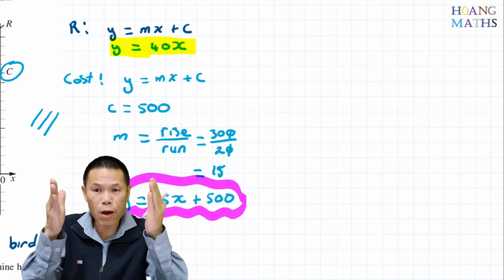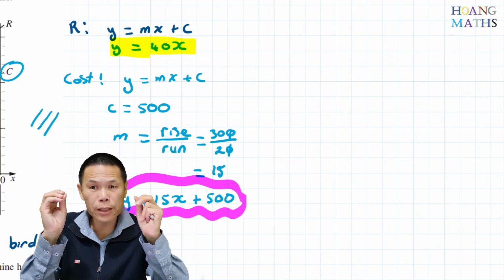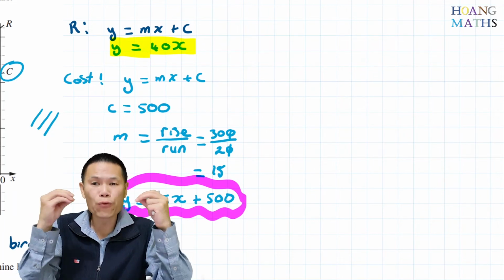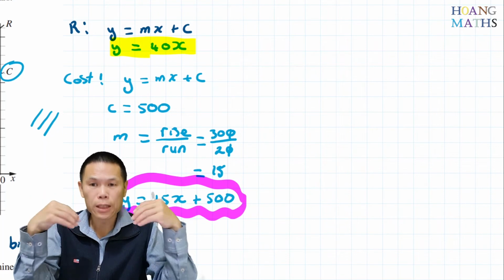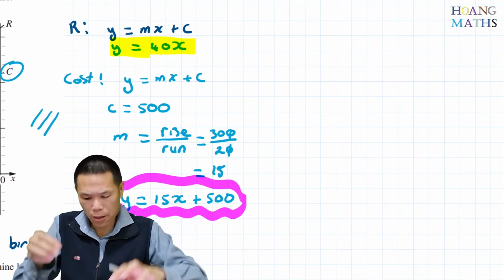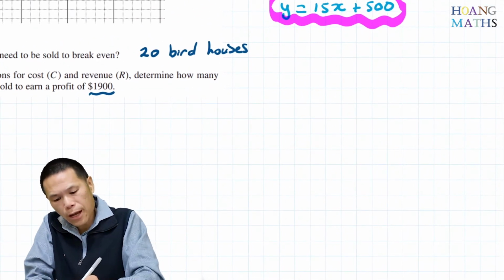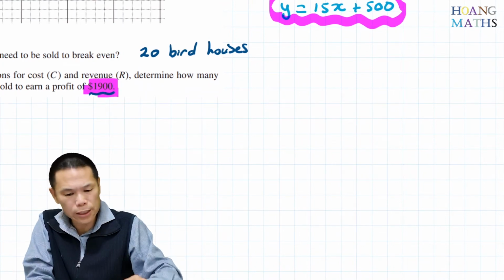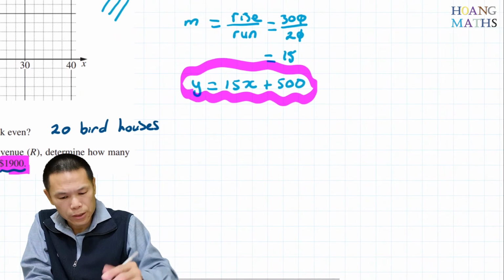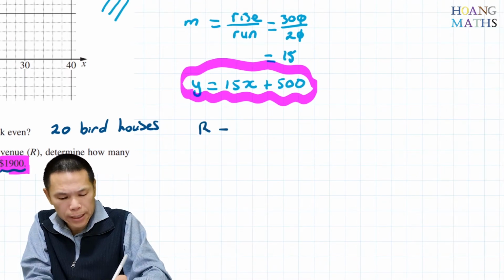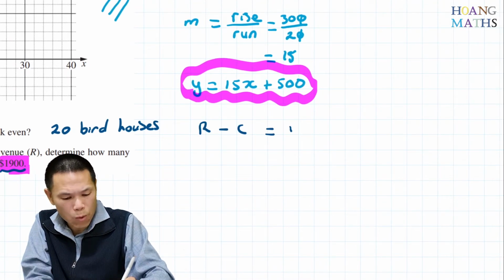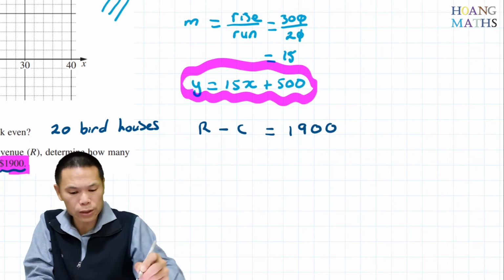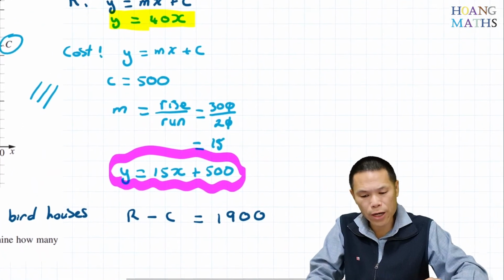Now to work out the profit, we know that the profit equals the income or the revenue minus the cost, to give me $1,900, okay? In other words, let me write this down here: R minus C will give me $1,900.